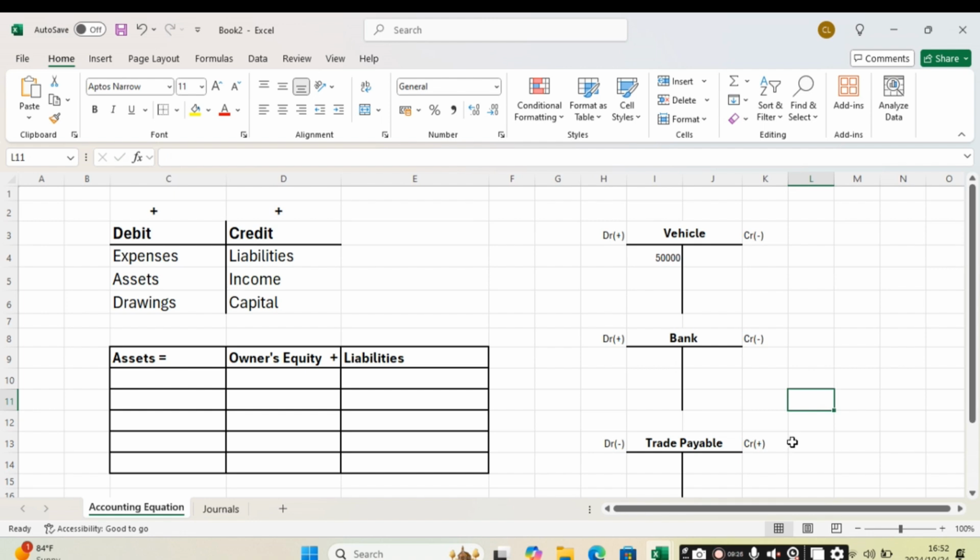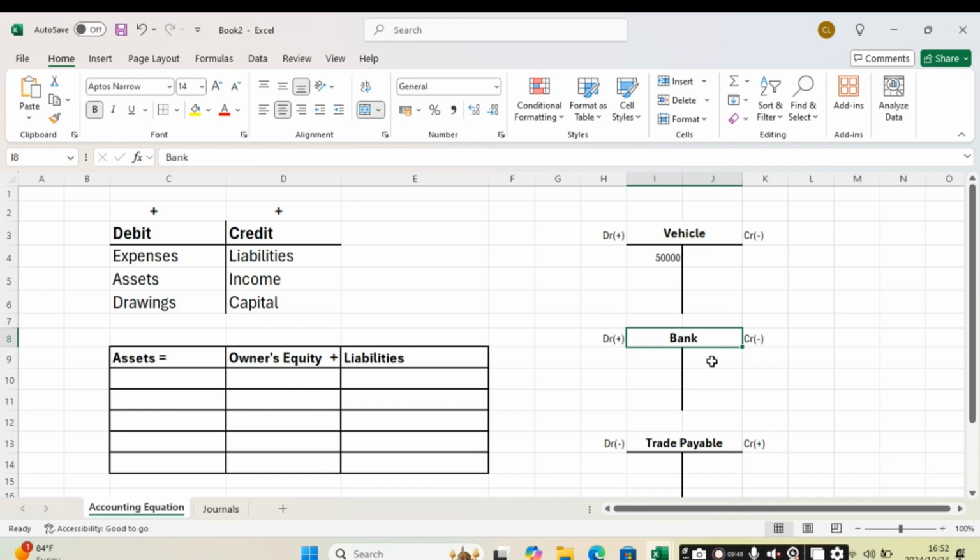So is that cash going to come out of the bank account? Our vehicle was increasing, so our assets were increasing by 50,000. Also, we have the bank account that's going to be affected because we bought this vehicle cash.